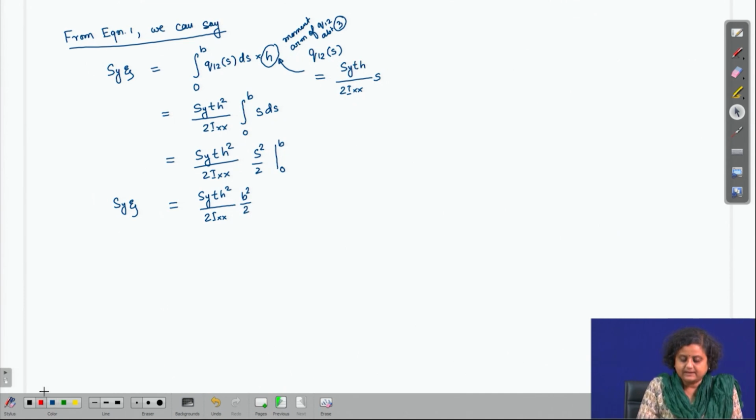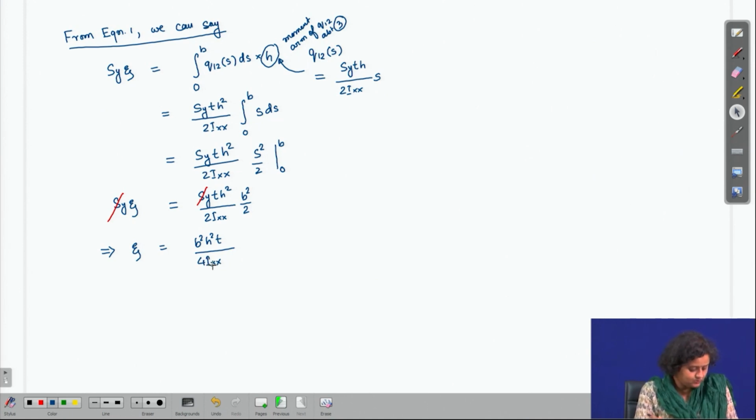So, Sy and Sy cancel out. Therefore, I can write that zeta is going to be b square h square t by 4Ixx.